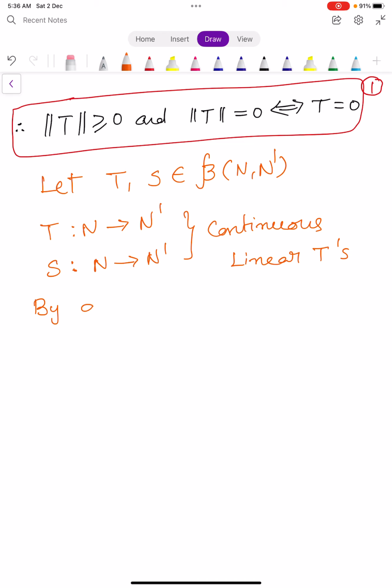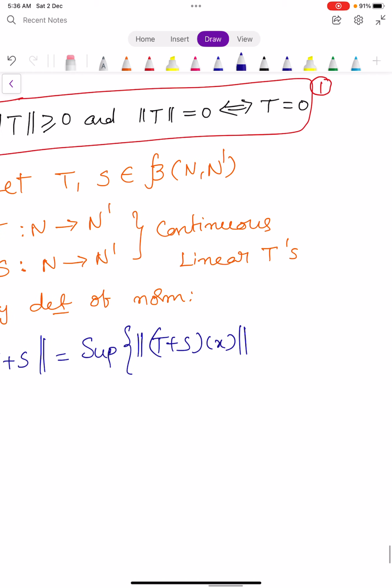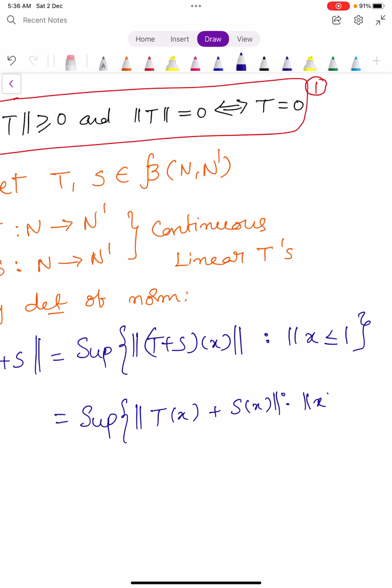Now, by the definition of norm, norm T plus S is equal to the supremum of norm T plus S of x such that norm x is less than or equal to 1. This is equal to the supremum of norm T of x plus S of x such that norm x is less than or equal to 1.